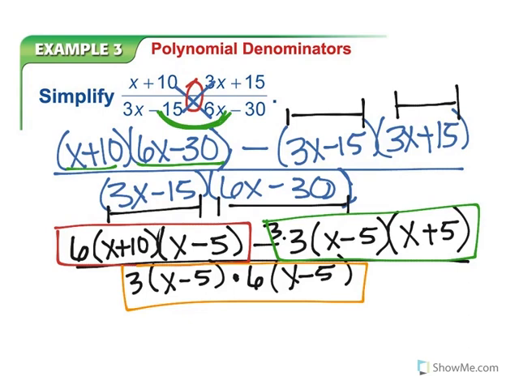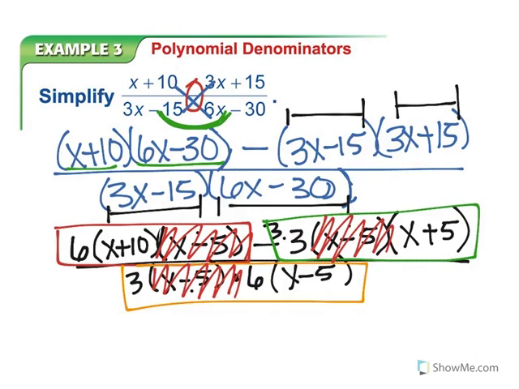But it has to be in all 3 places. If we look at the red box, we have an x minus 5. The green box has an x minus 5, and also the orange box has an x minus 5. So we can cancel one factor of x minus 5. So we can get rid of that, we can get rid of that, and rid of that one.